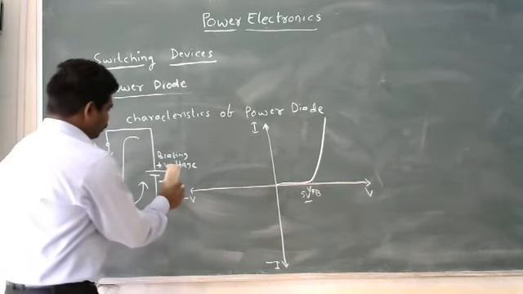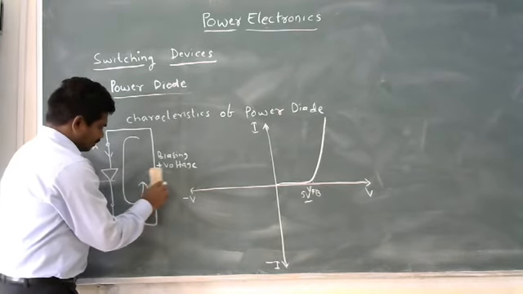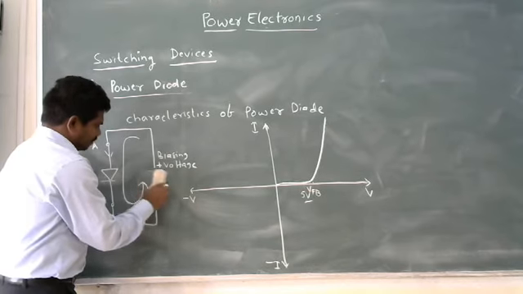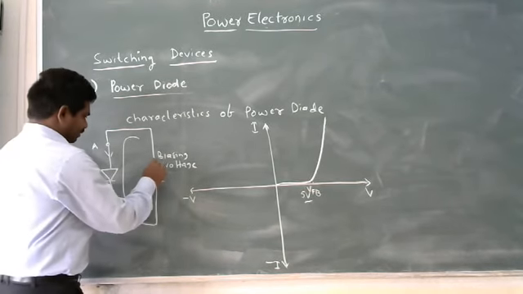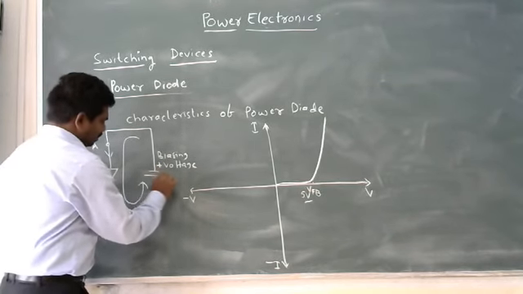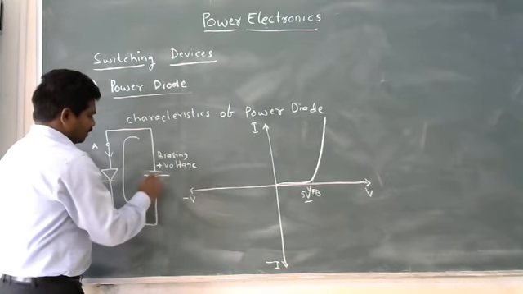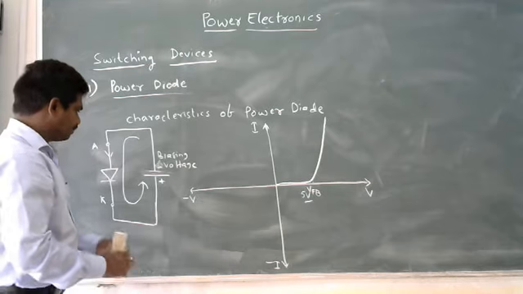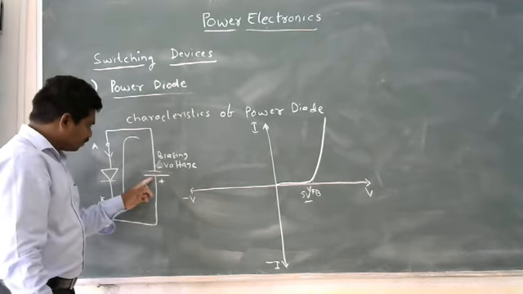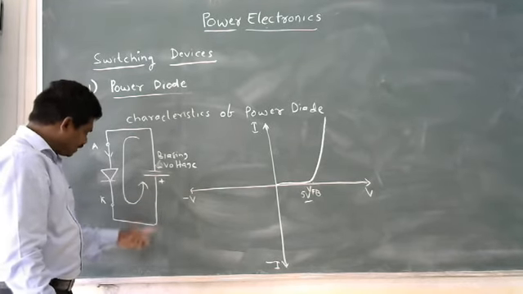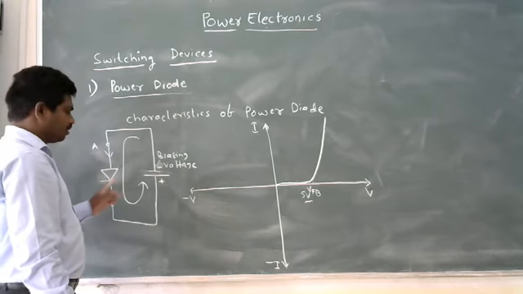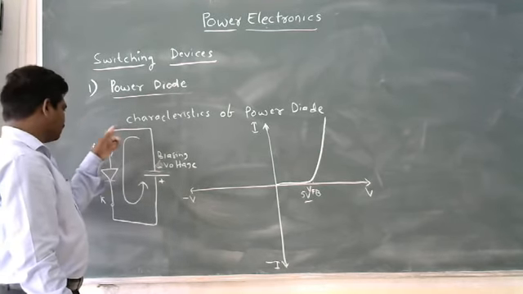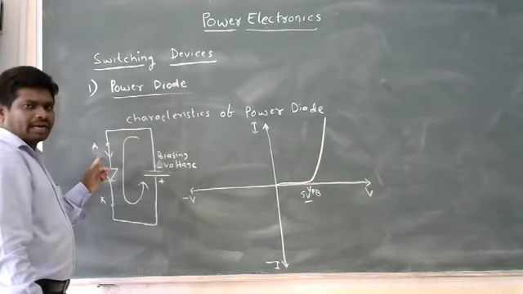After that, I am simply changing the biasing like this. Now this is plus, this is minus. I am changing it so that the positive of the battery is connected to the cathode of the device, and the negative of the battery is connected to the anode of the device.